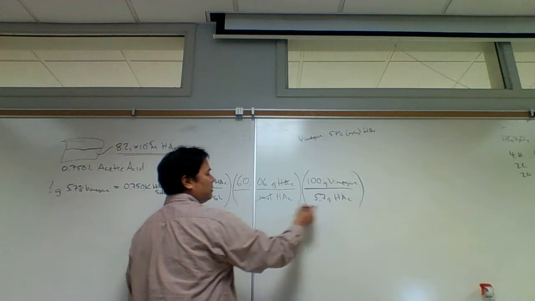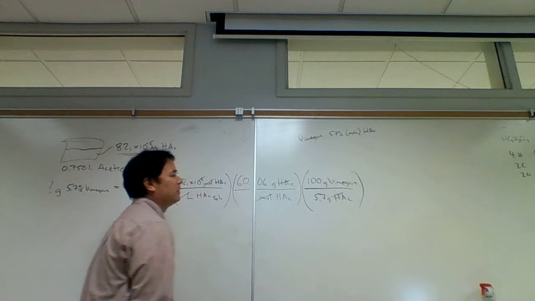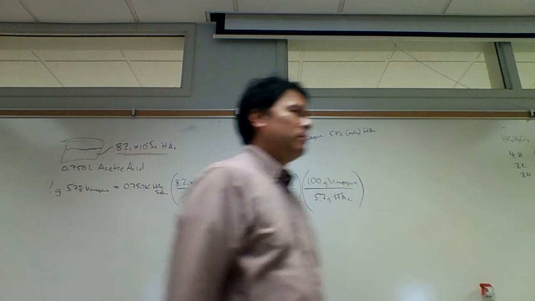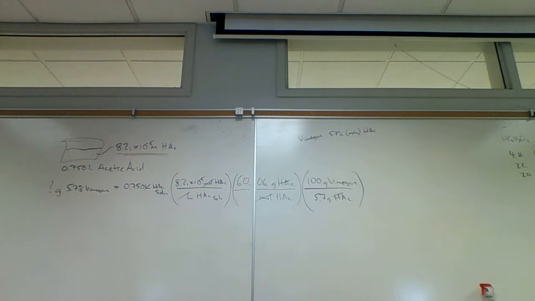And so the grams of pure acetic acid cancel, leaving us with grams of vinegar, and that's what they want. How many grams of this vinegar do we have to dilute to make this solution? And so this is a Chem 1B plus a Chem 1A sort of dimensional analysis type problem.